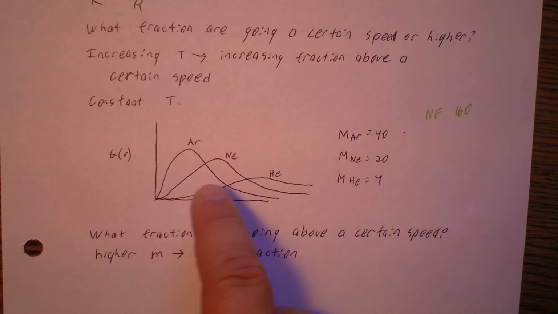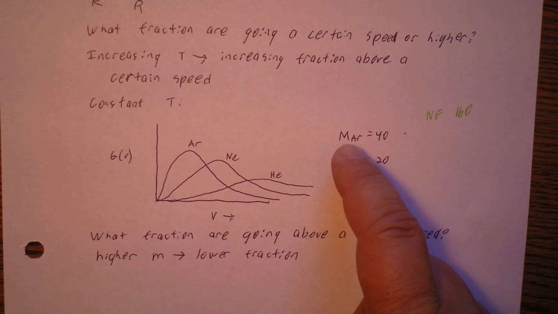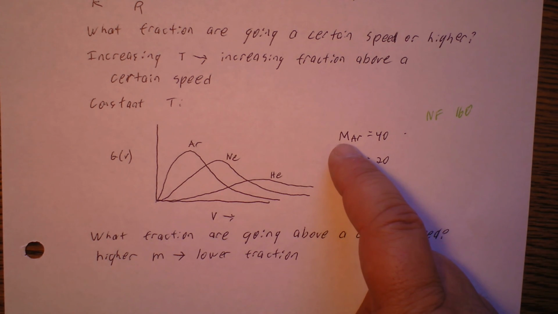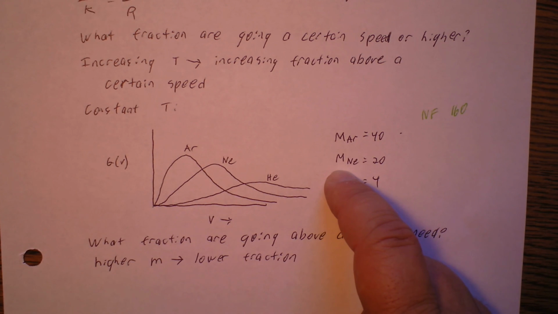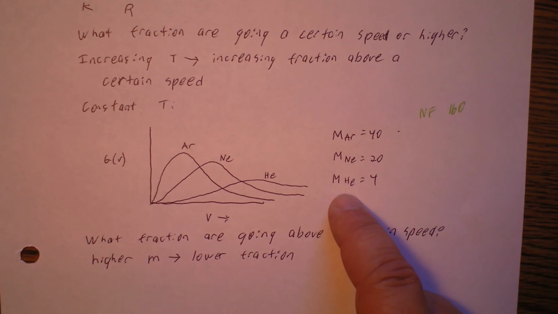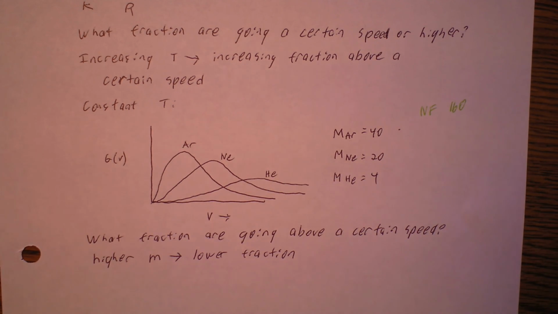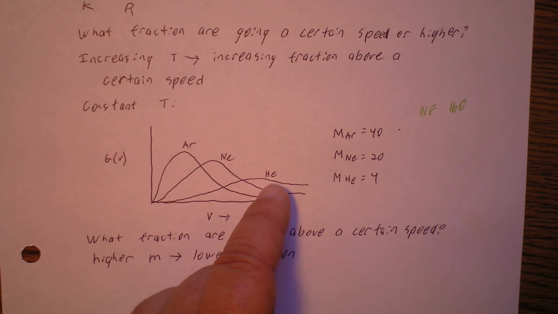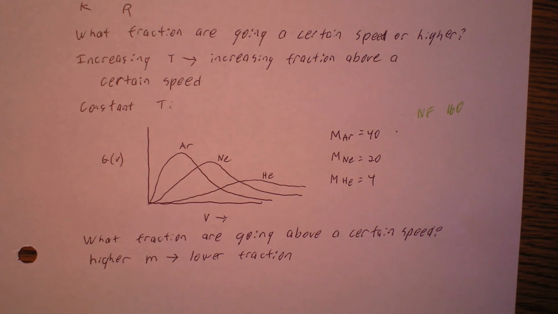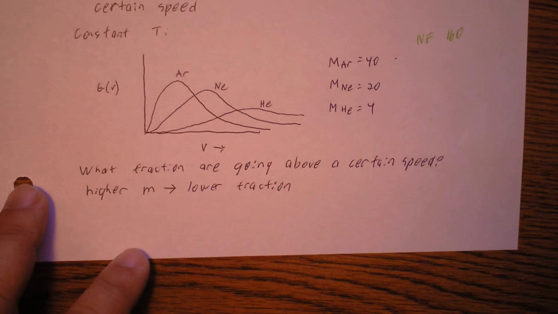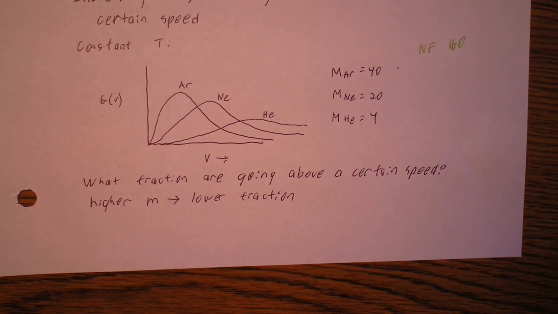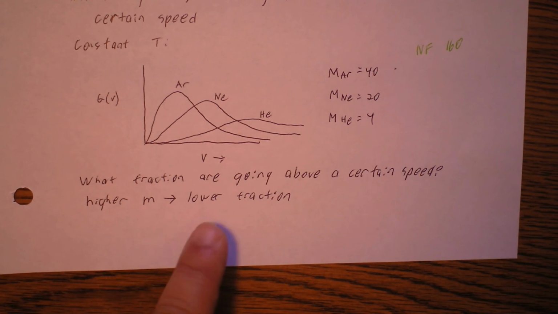We have argon, neon, helium. The molar mass of argon is 40. The molar mass of neon is 20. The molar mass of helium is 4. As you can see, the lighter molecules are going faster and the heavier molecules are going slower. So again, what fraction are going above a certain speed? Higher mass means lower fraction.